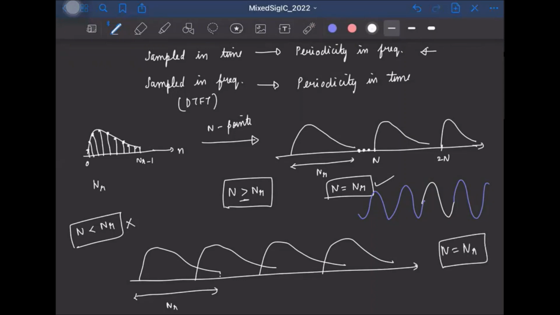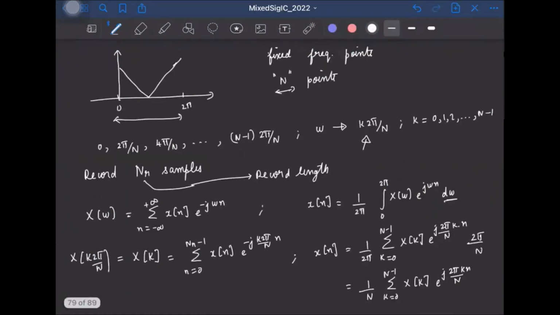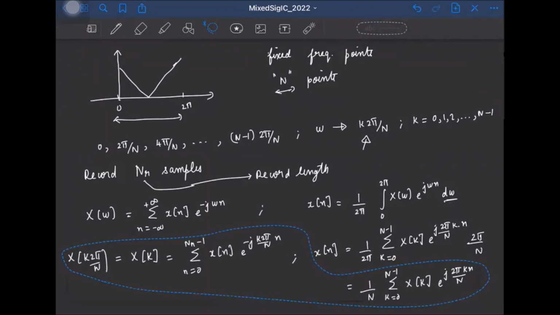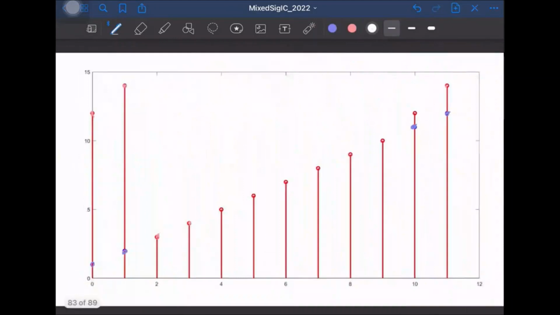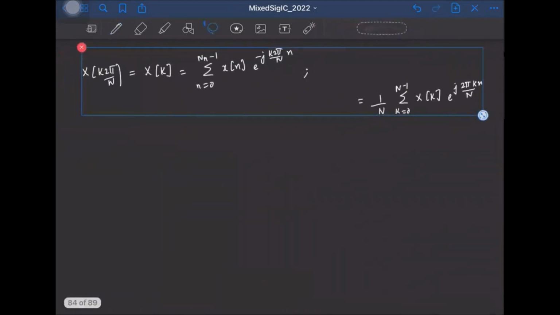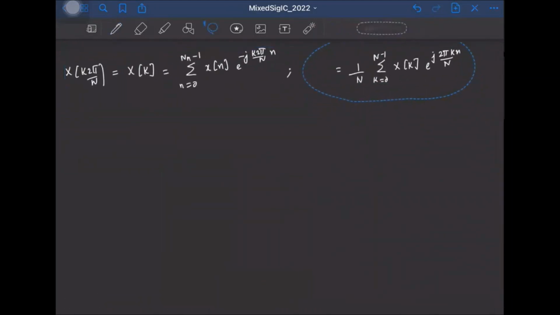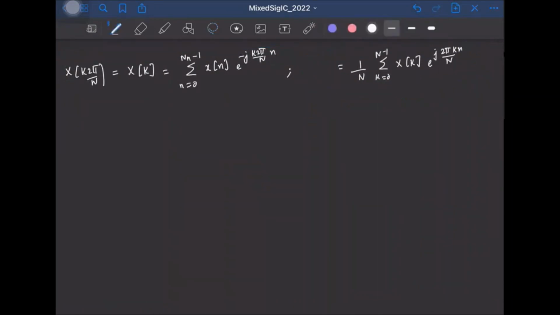Fine. So with this choice, let's see what happens to these equations. So let me just copy them. So this is x of n. What has changed is we have nr equal to n, right? So this changes to n minus 1.